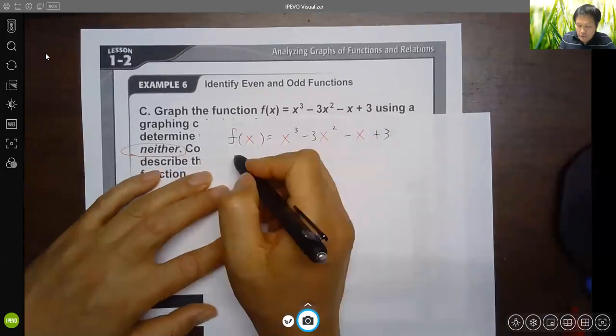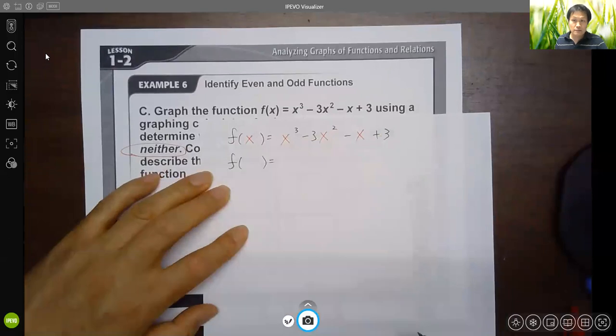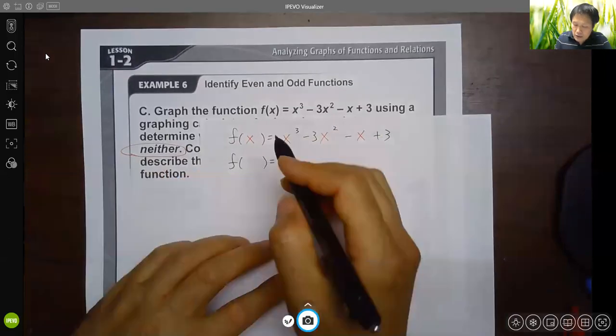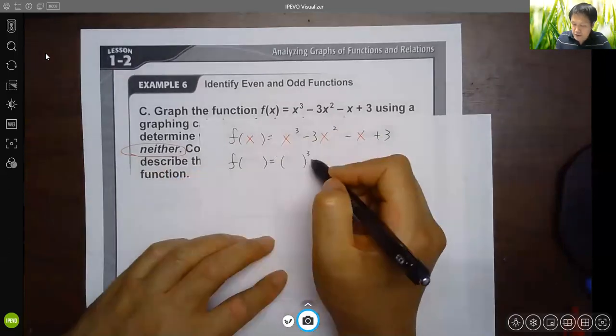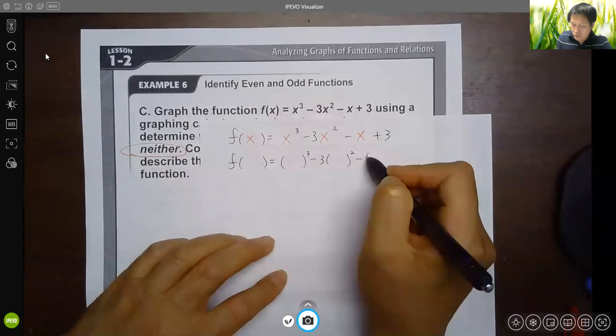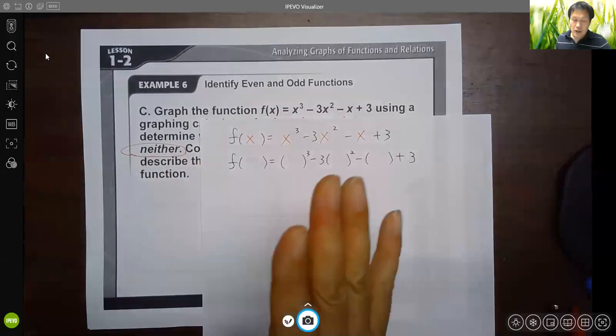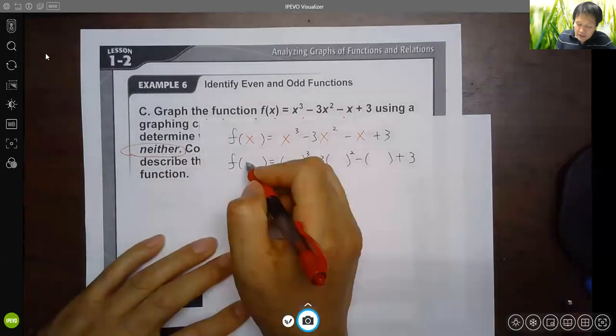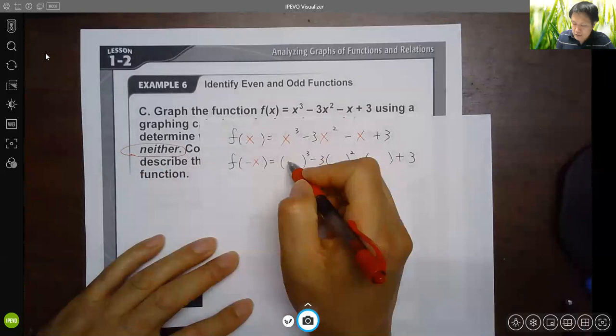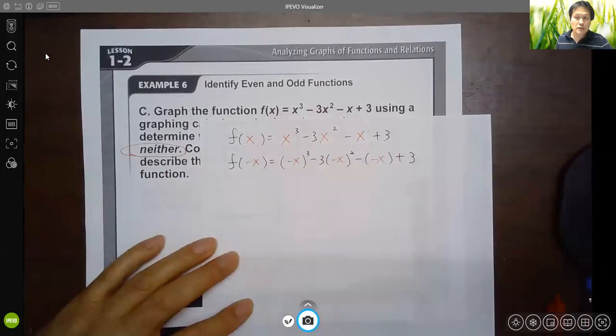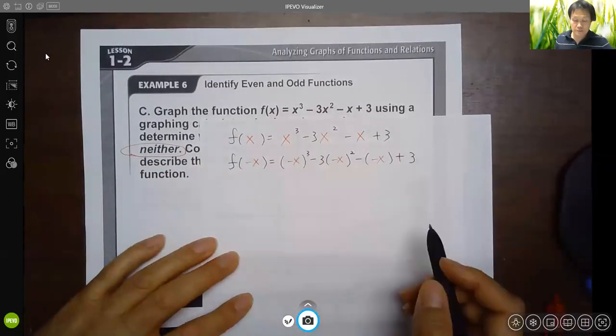You are doing f of minus x. Again, please set it up with a parenthesis everywhere. First, set up with a parenthesis. We are doing f of minus x. So fill it in with a minus x on every parenthesis.